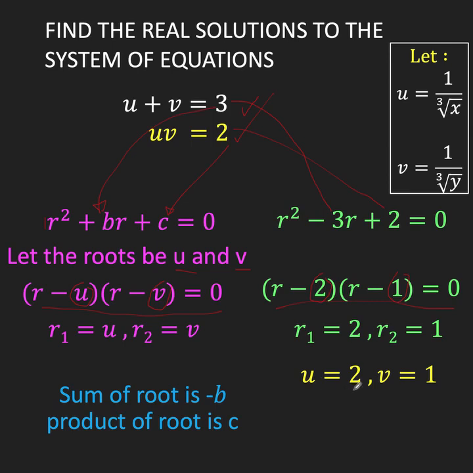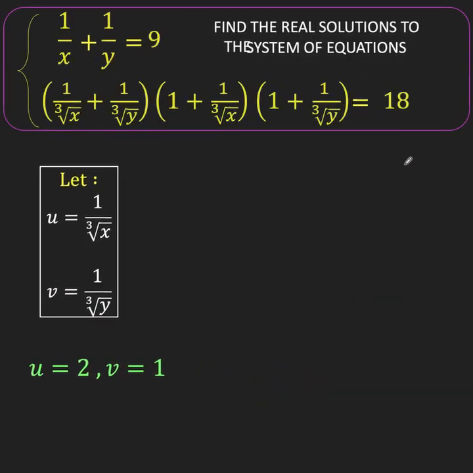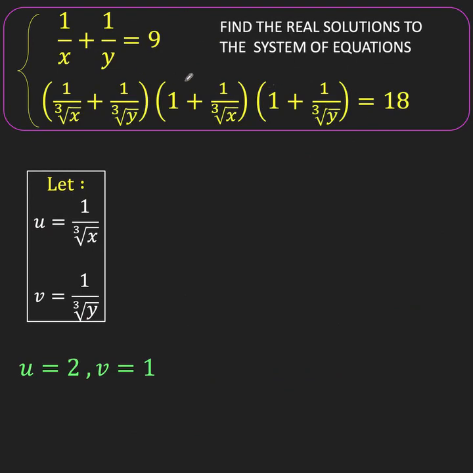So at this point, we have just computed that u is equal to 2, and v is equal to 1. And so we can now substitute these results into u and v. This is our original equation that was reduced to this system of equations, with values now of u equals 2 and v equals 1.